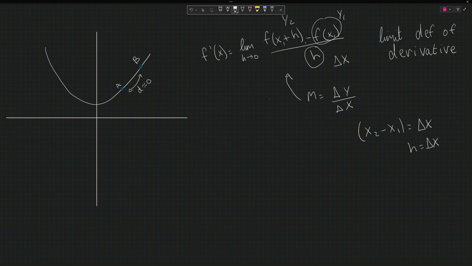So you're basically calculating y2, which is f of x1 plus the delta x, which is x2, right? So basically f of x2, which is y2, minus y1 over delta x, which is h. Got it?